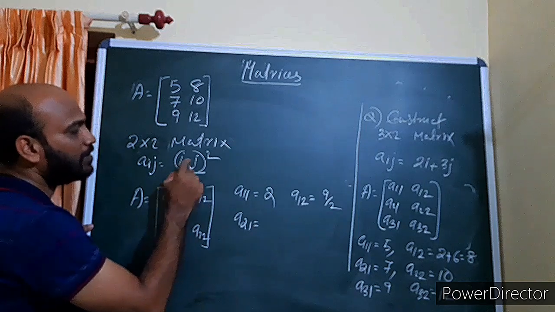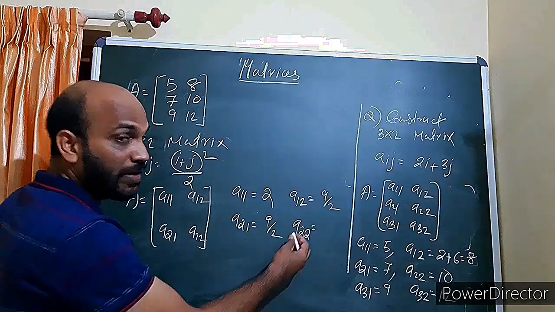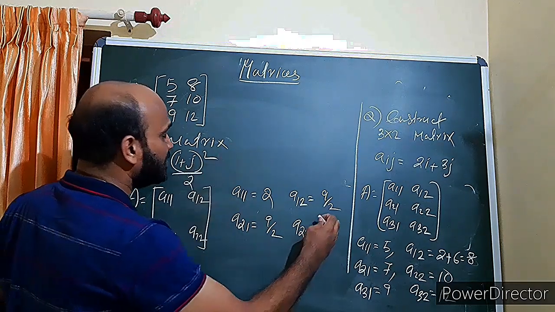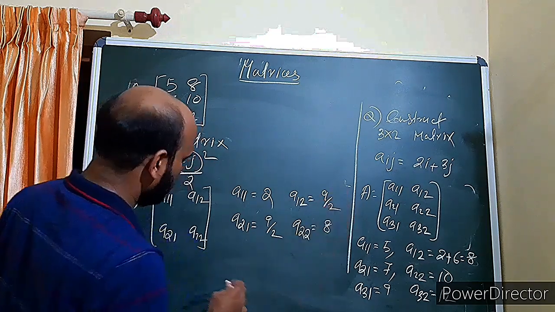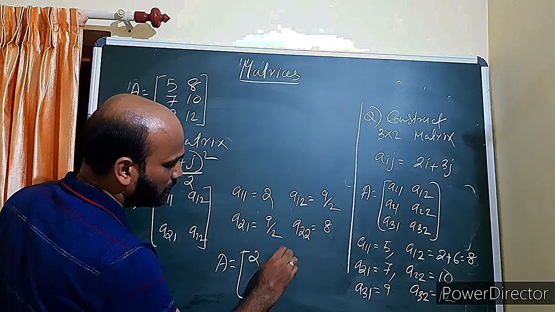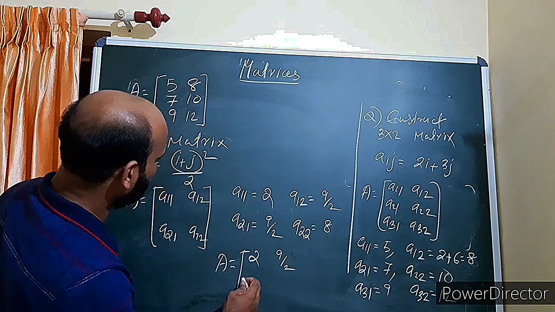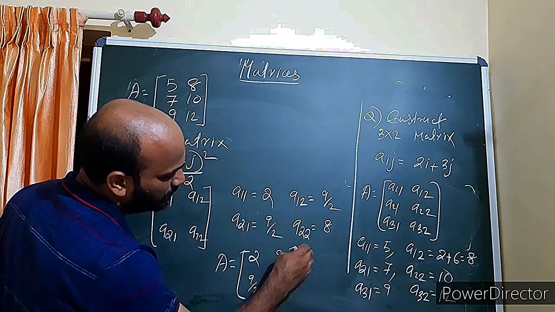A21, again 2 plus 1, 3. 3 square 9, so 9 by 2. A22 will be 4, 4 square 16 by 2, that is 8. So A we can write like this: 2, 9 by 2, 9 by 2, 8.